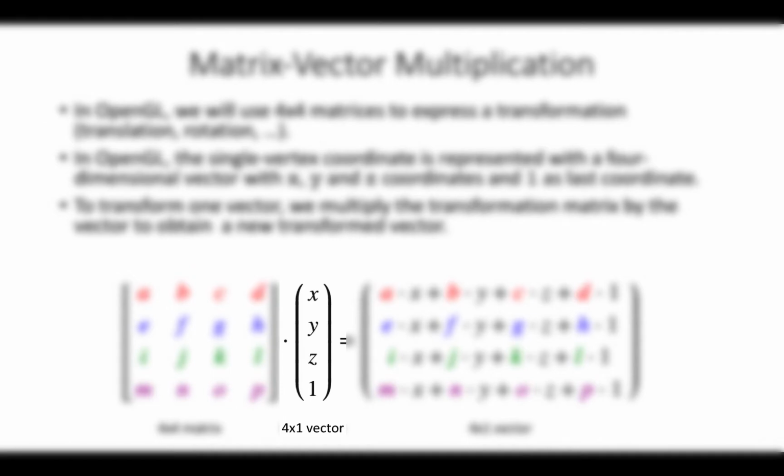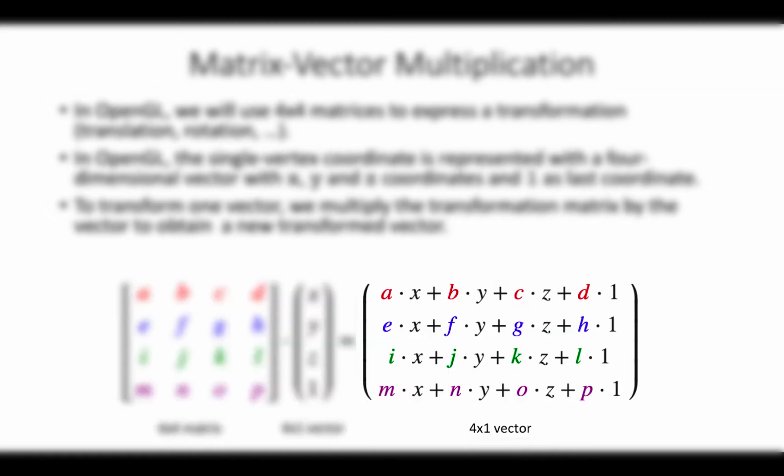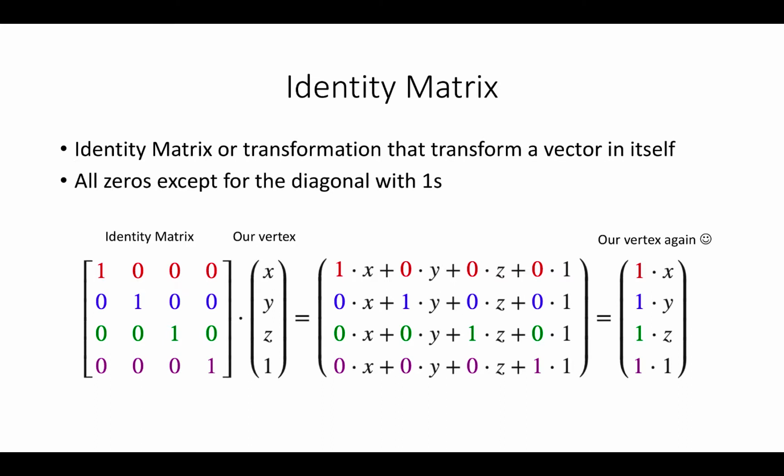A single vertex coordinate is represented with a four-dimensional vector with x, y, and z coordinates, and 1 as the last coordinate. To transform one vector, we multiply this transformation matrix by the vector to obtain a new transformed vector. In OpenGL, we usually work with 4x4 transformation matrices for several reasons, and one of them is that most of the vectors are of size 4.